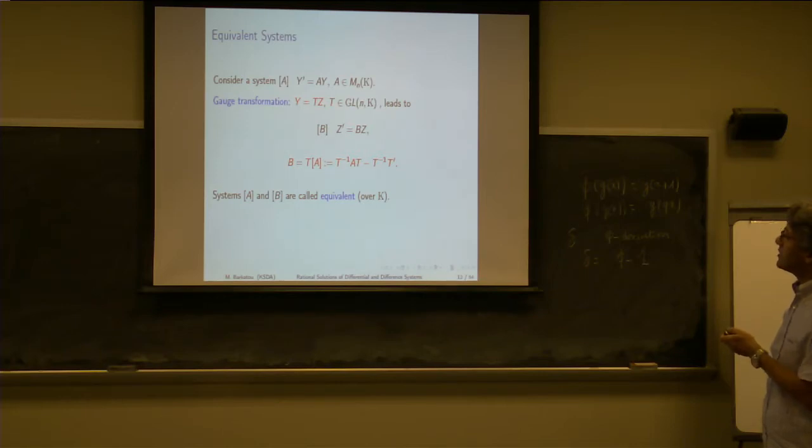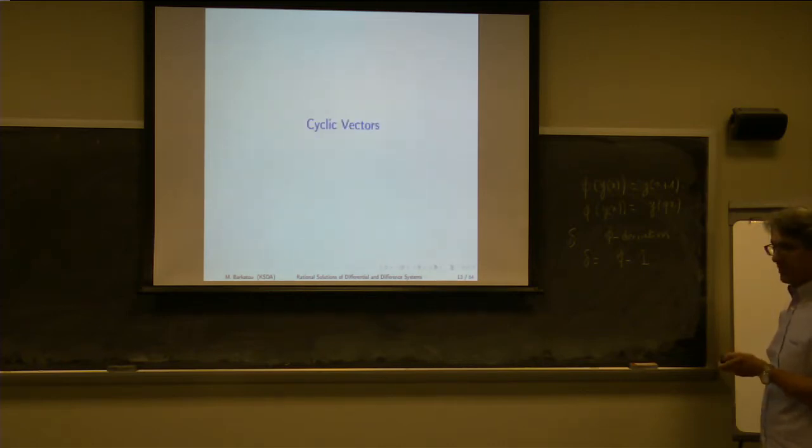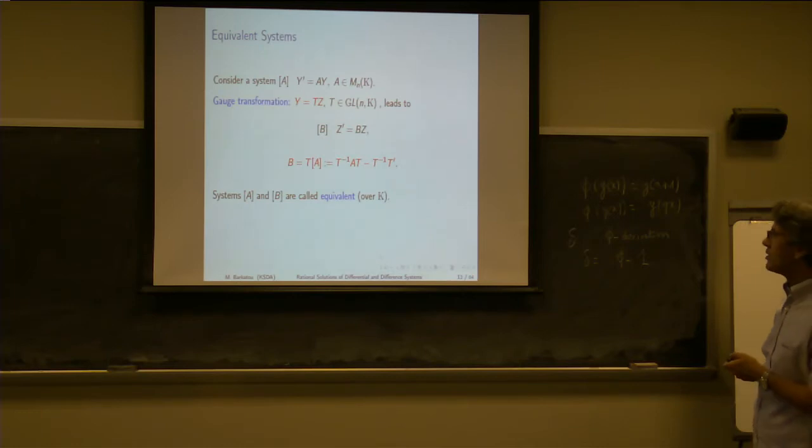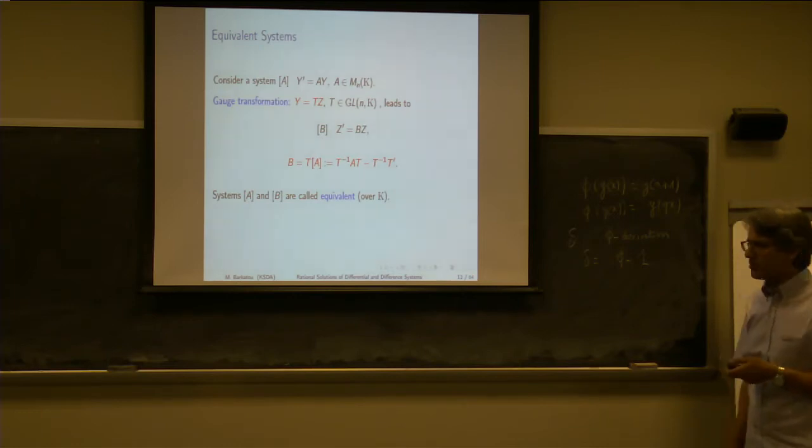I will denote system A by A between brackets, and when I apply a transformation T, then T of A is by definition this. This is an equivalence relation, and the systems A and B are called equivalent. It's also called Levelt similarity.